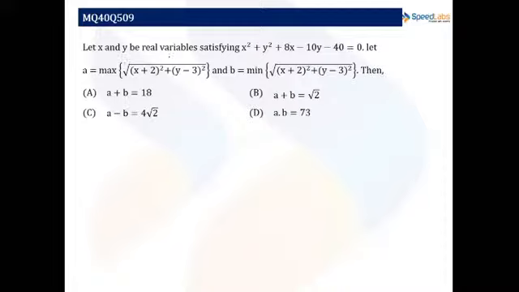Let x and y be real variables satisfying x square plus y square plus 8x minus 10y minus 40 equals to 0. Let A be the maximum value of this distance and B be the minimum value of this distance. Then, if we can see, the center of this circle will be minus 4 comma 5.